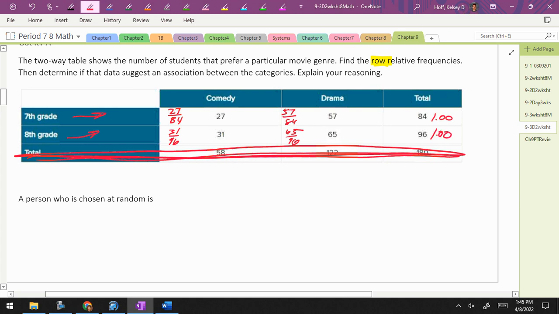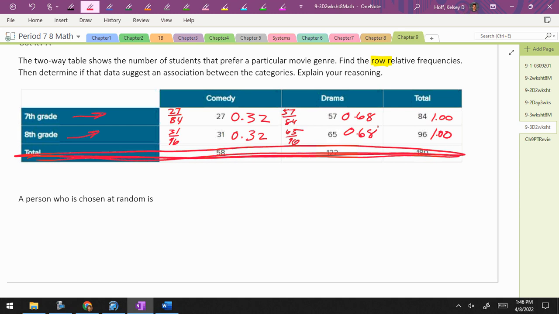Seventh grade comedy, 0.32. 7th grade drama, 0.68, thank you. 8th grade comedy, 0.32. 8th grade drama, 0.68. Now, up above, they told us we're looking for an association by finding the relative frequency that's higher than all the others.